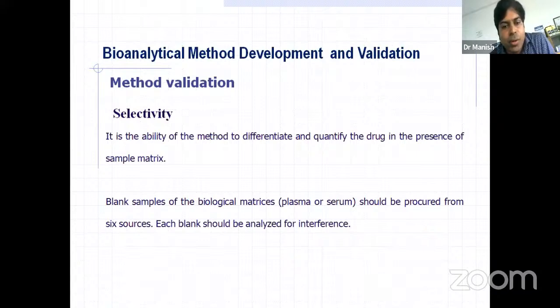So we are going to do this with 6 different sources of plasma.